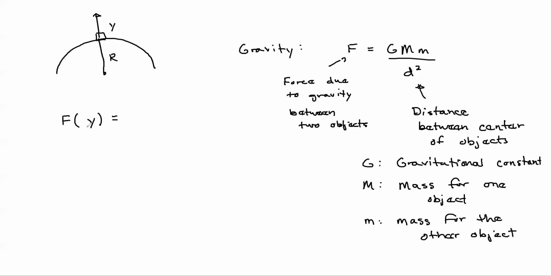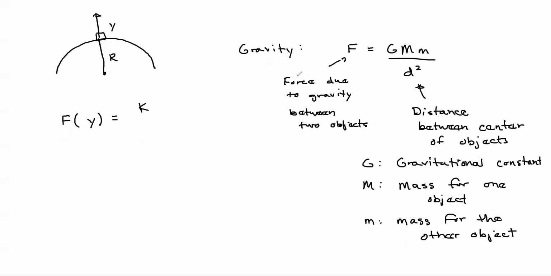We're going to create a formula for that. We're going to take G, the gravitational constant, and M, the mass of the Earth, and combine those into a single constant that we're going to call K. Let's leave off the negative for a second.